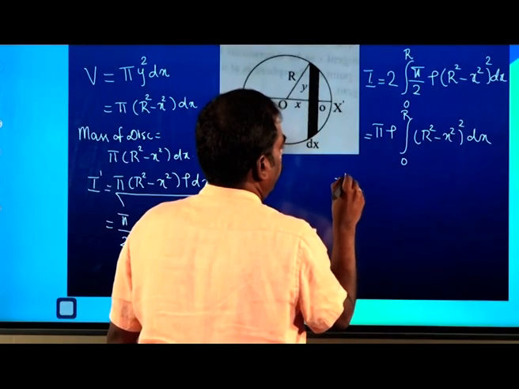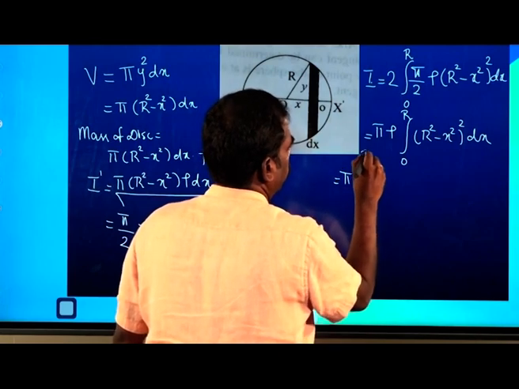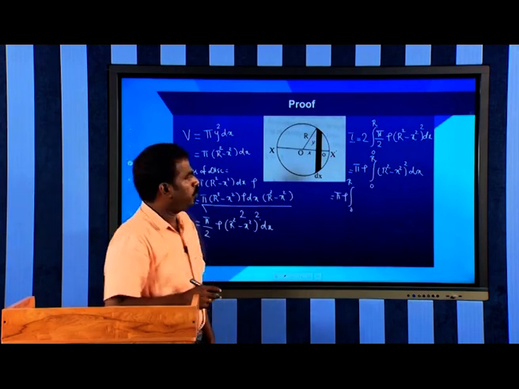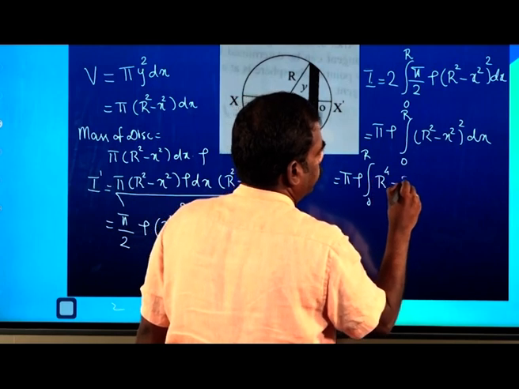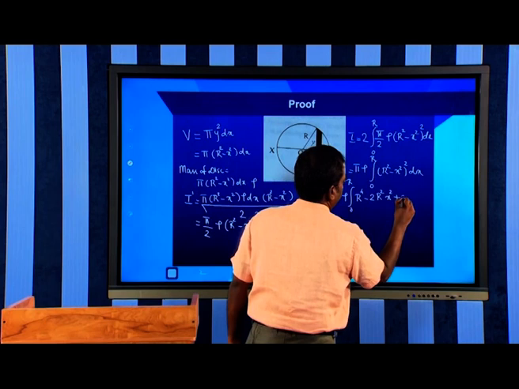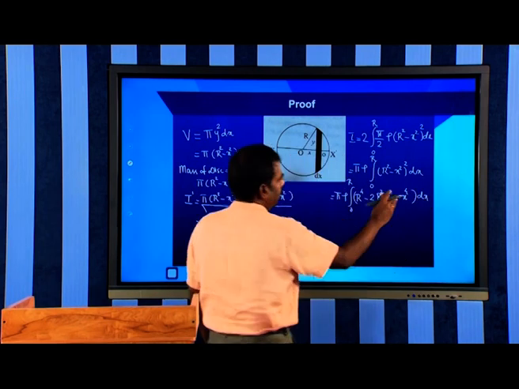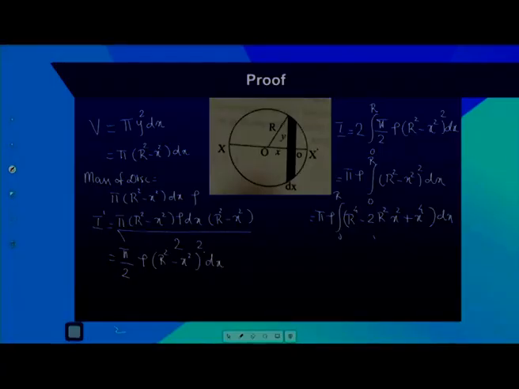Using a minus b the whole square, a square minus 2ab plus b square, it is r raised to 4 minus 2r square x square plus x raised to 4 dx. Integrate term by term: r raised to 4 x minus 2r square x cube by 3 plus x raised to 5 by 5, and apply the limit 0 to r.